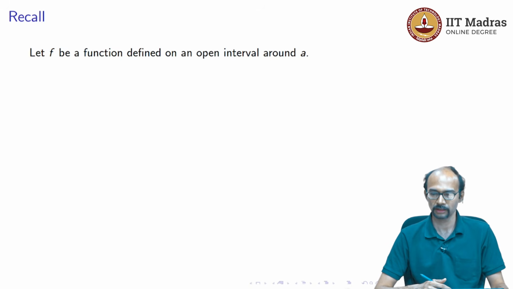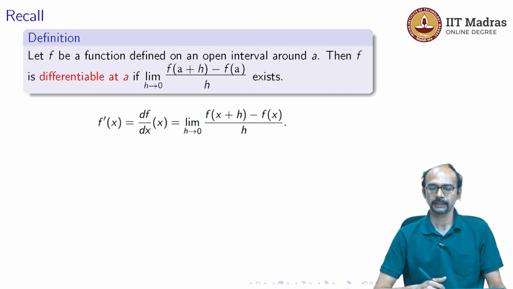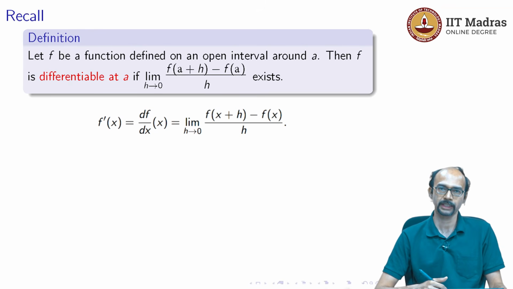So, let us recall first what is differentiability. Let f be a function defined on an open interval around a. Then f is differentiable at a if the limit of f of a plus h minus f of a divided by h as h tends to 0 exists, and when it exists, whatever that limit is, this number is called the derivative of f at a.